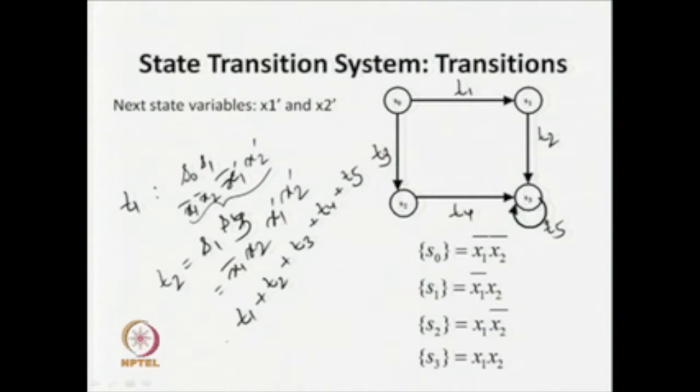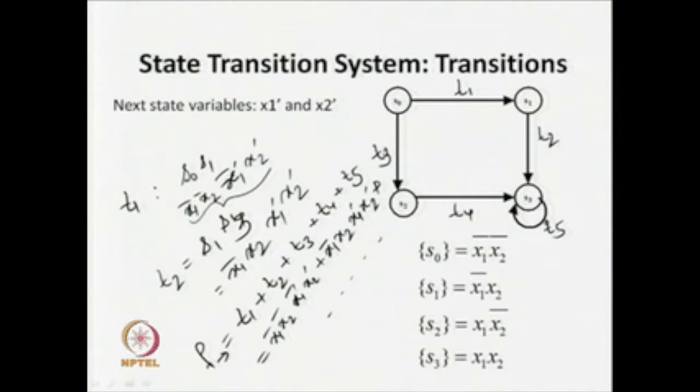This expression is going to represent the transition behavior, and as we have already seen, transition T1 will be represented by x1 bar, x2 bar, x1 prime bar, x2 prime, plus x1 bar, x2, x1 prime, x2 prime, like that I can write the expression.